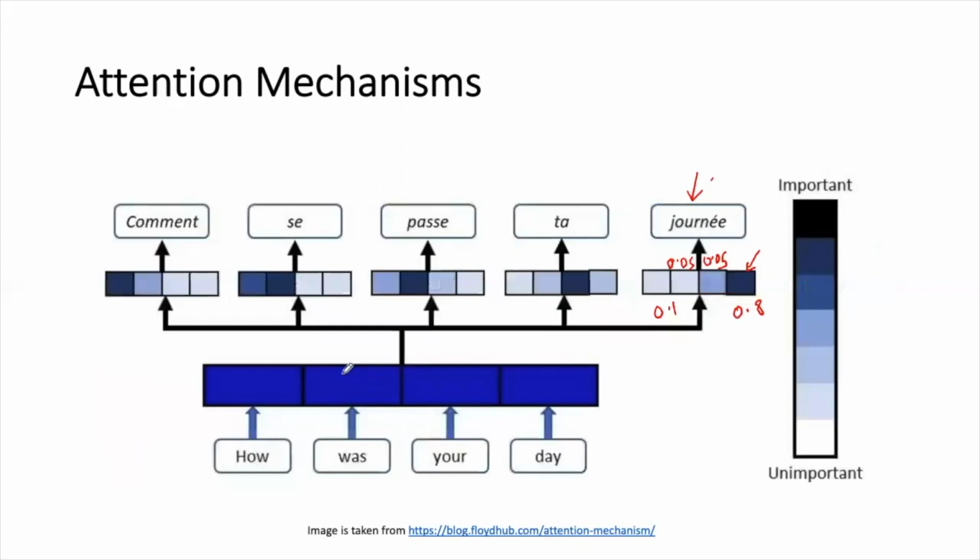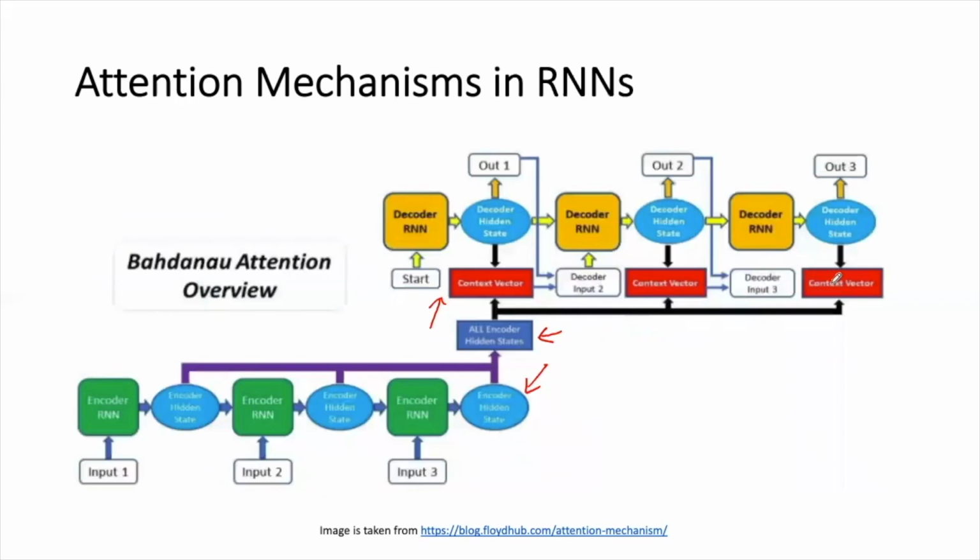In the previous example, let's say journée corresponds to day. So the last context vector should be representative of this last encoder hidden state, because that is what the correspondence is.